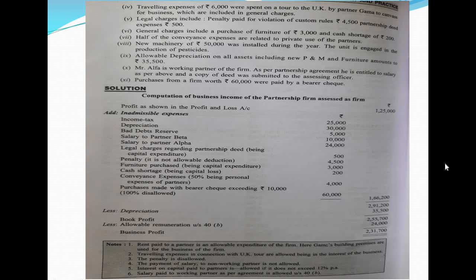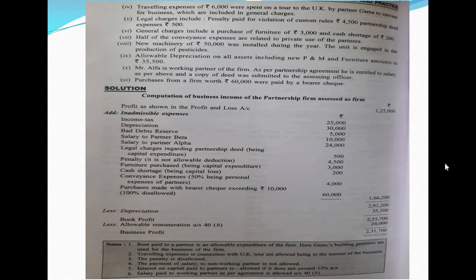Then the penalty which has been included in legal charges, that is rupees 4,500. Then furniture purchase, which is a capital expenditure. Then cash shortage, which is a capital loss. Then the conveyance expenses, in which 50% of it has been used for personal expenses. Then the purchase made with bearer cheques exceeding rupees 10,000. So after adding all these, you'll get 2,91,200.